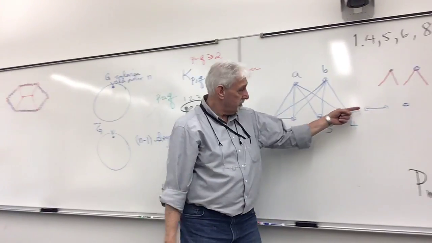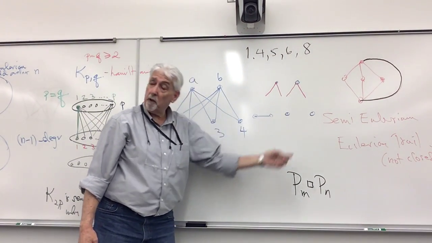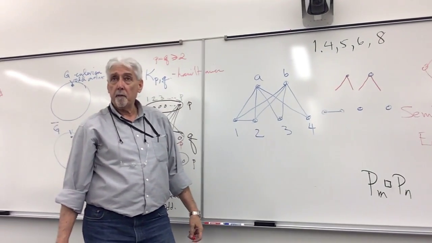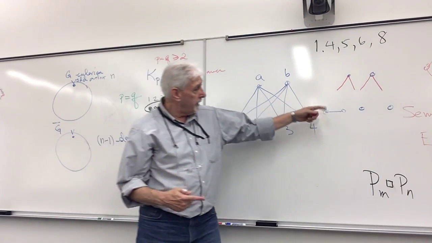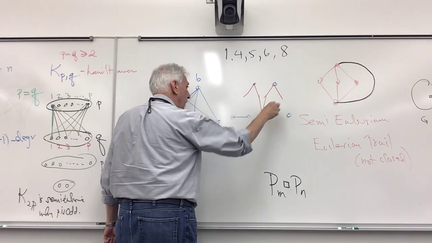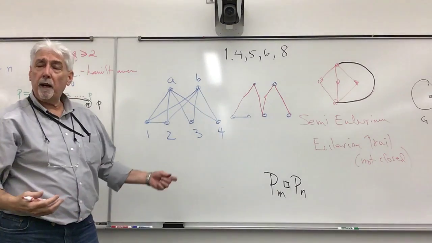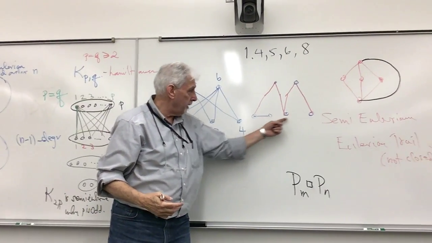Going to 3 pieces. And I have to start and end. So maybe these 2 go to this one, and this goes here, and this goes here. And now there's a problem. I can't get from here to here.